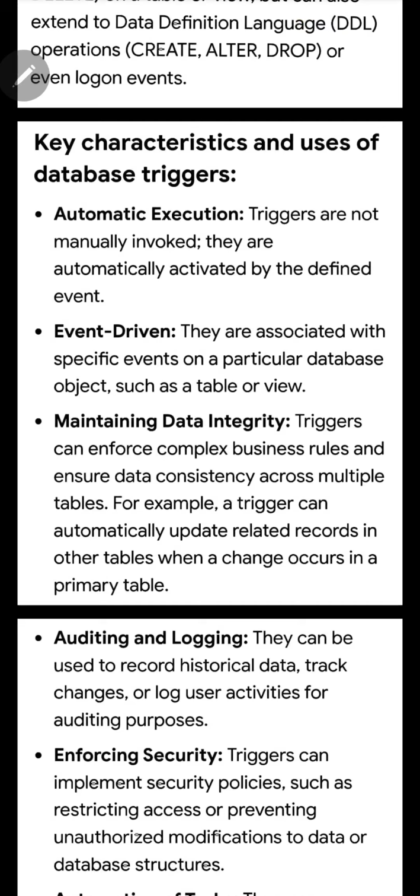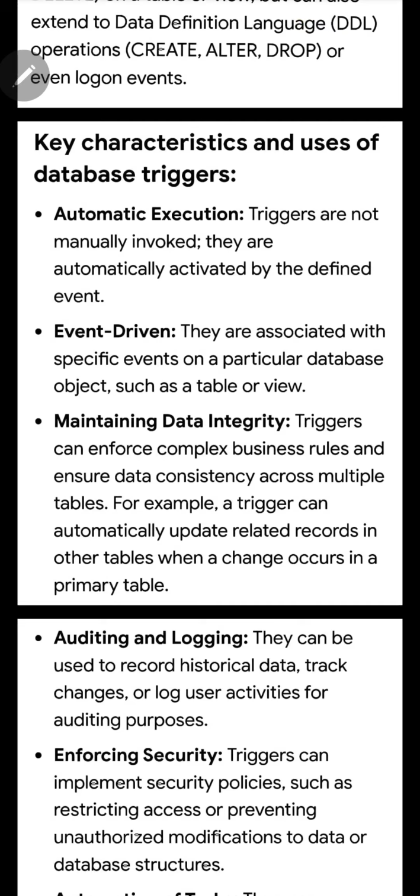For example, whenever we have certain rules, like let's say we keep the voting details, and for that we have a rule that age should be greater than 18. So the triggers also enforce the rules.